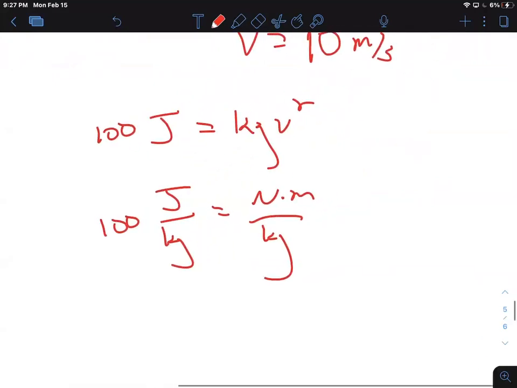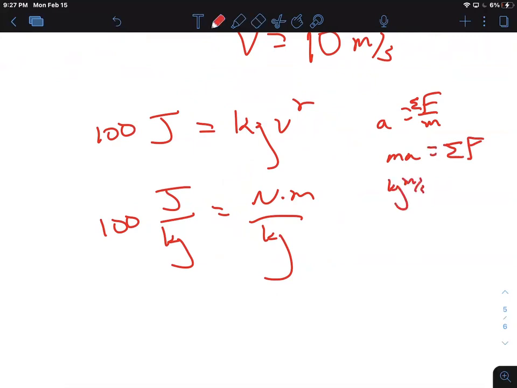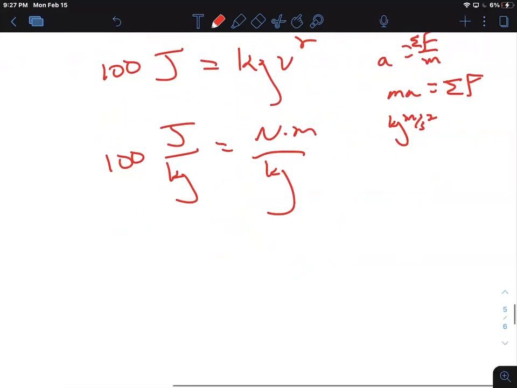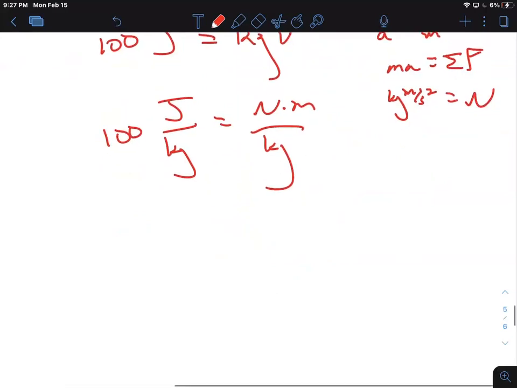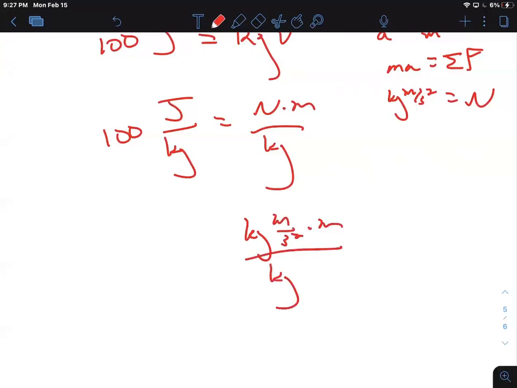And a newton, if we think about a equals F over m, and we rearrange that to ma equals F, a newton is a kilogram meter per second squared. So we can say kilogram meters per second squared times meters over kilograms.